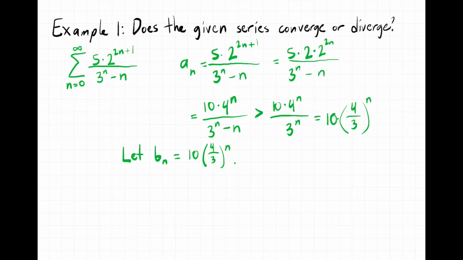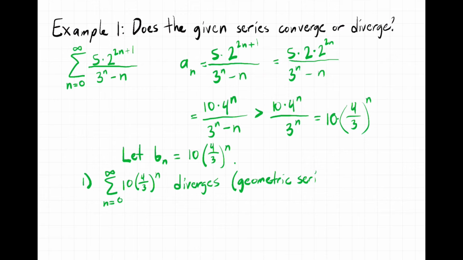We know that, first of all, the sum, as n goes from 0, I'll start at 0 this time as before, of 10 times 4/3 to the n, that series diverges because it's a geometric series with our r equal to 4/3, which is greater than 1.